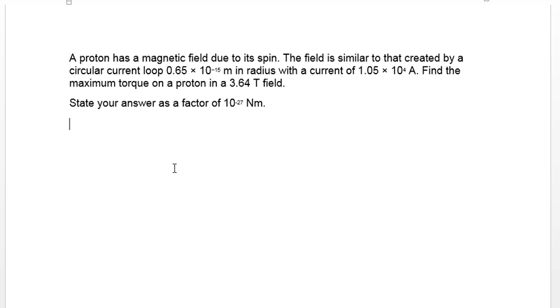We're just trying to find out what is the maximum torque it can be, which is when the magnetic field and the spin of the proton are in fact perpendicular to each other because it's a cross product, right? So, the fundamental torque equation is mu cross B, and we know the magnitude of mu is given as NAI, the number of turns times the area times the current.